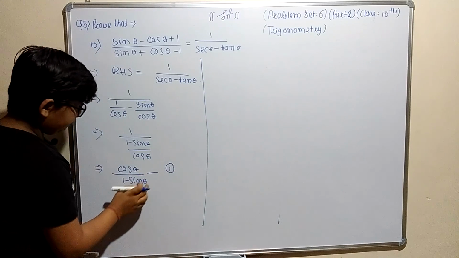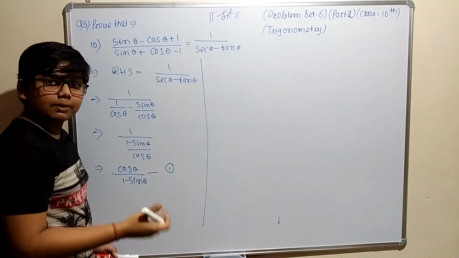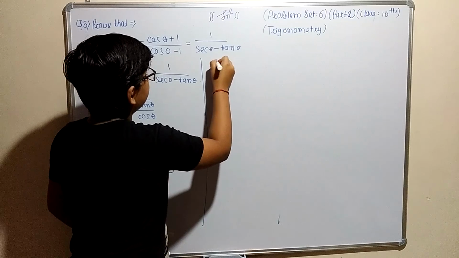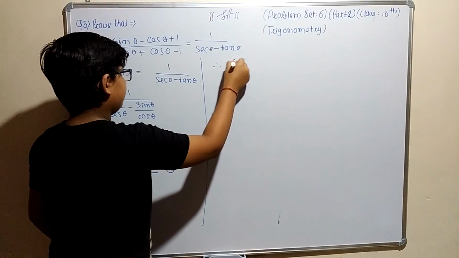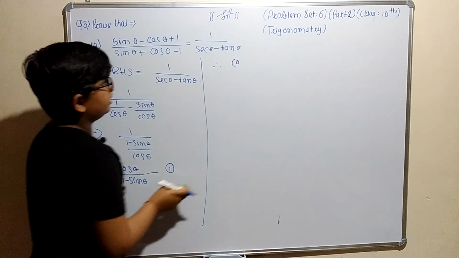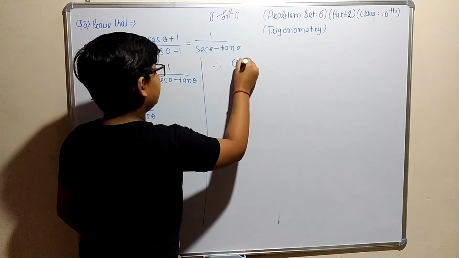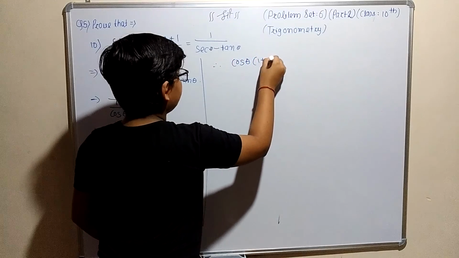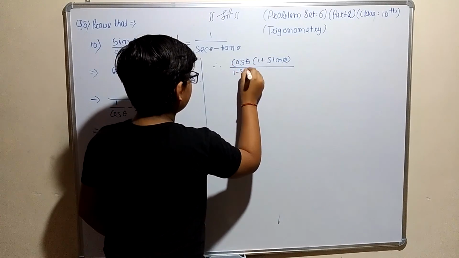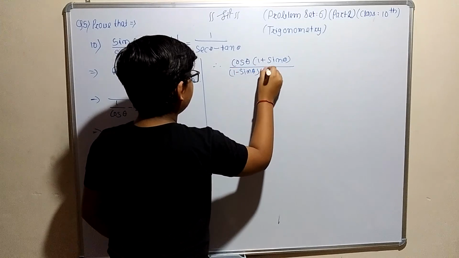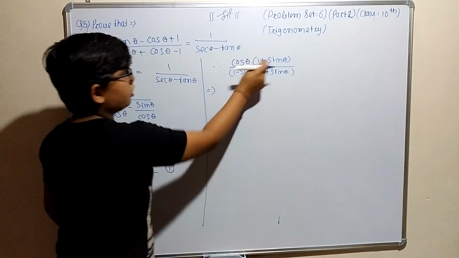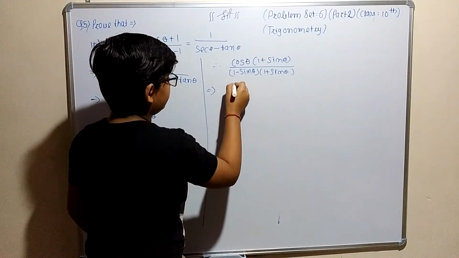Now next, multiply numerator and denominator by 1 plus sin theta, so the denominator will get simplified. So it will be cos theta times 1 plus sin theta divided by 1 minus sin theta times 1 plus sin theta. Keep the numerator as it is.